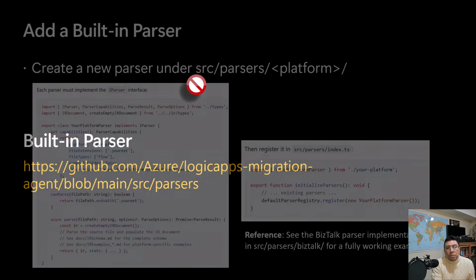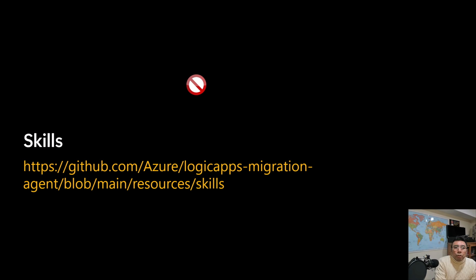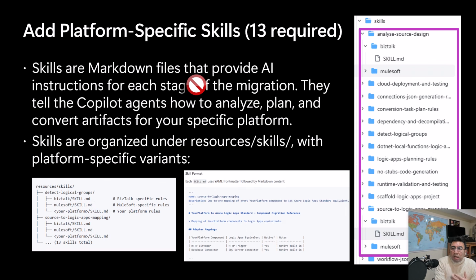So then this becomes an exercise where you create a built-in parser. We give you the model on how to do a parser, so you can look at the docs that we are providing as well. You can add the skills. You need a number of skills. We have provided all of them for BizTalk, right? So then you can do a comparison. You can create your own maps, because again, this is work that you will likely have to do multiple times. So then you can incorporate it back to the community.